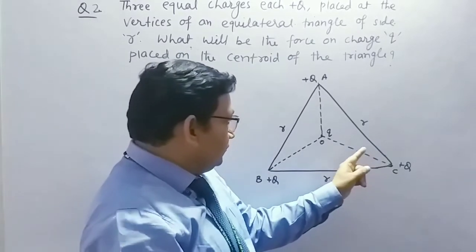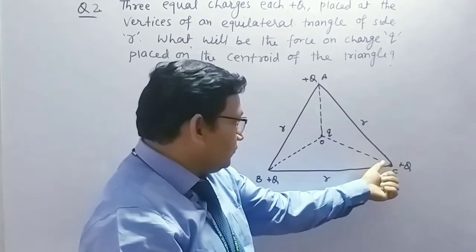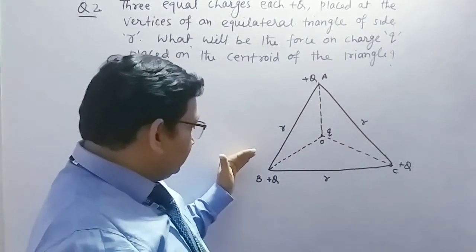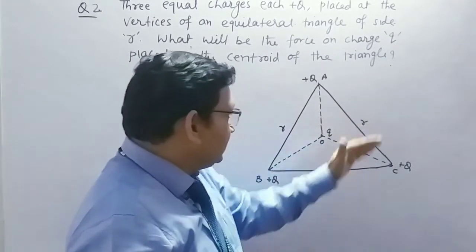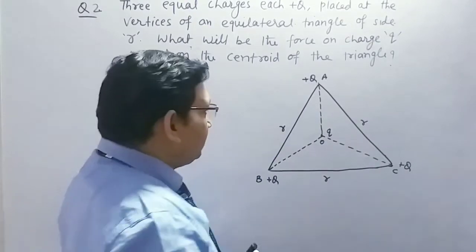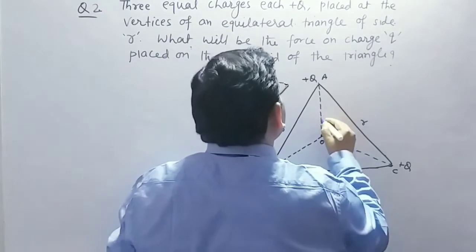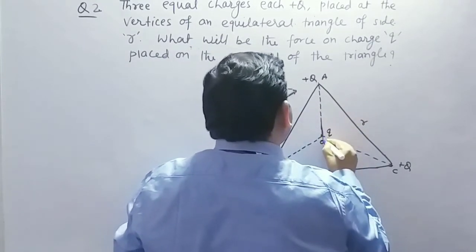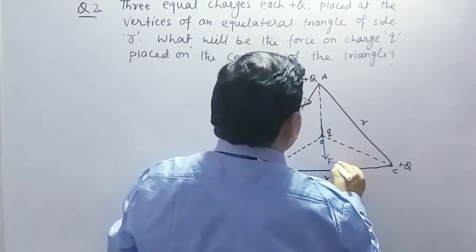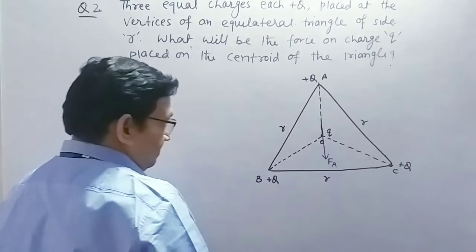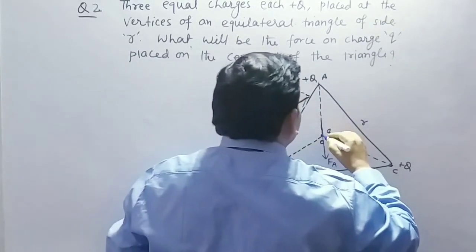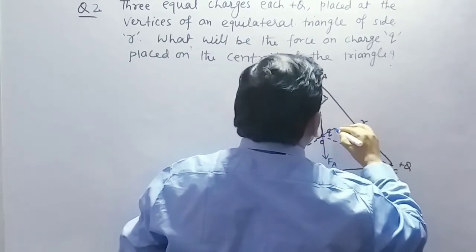What is the direction of force due to this charge? The direction of force due to this charge will be in this direction, and the third force will be in this direction. So the first force we are showing in this direction. This is the force due to the charge at A. Similarly, this charge exerts a force on plus q in this direction.